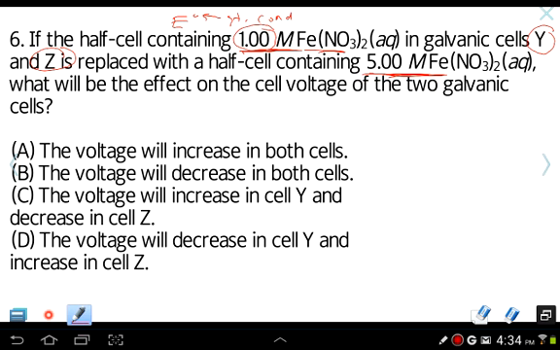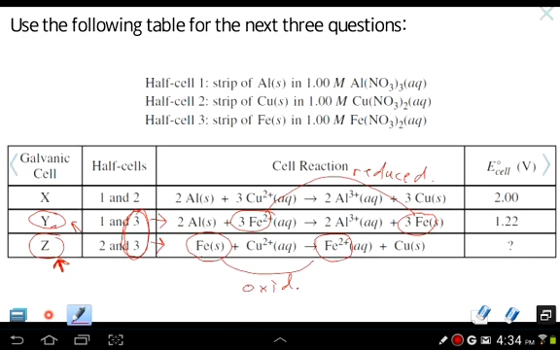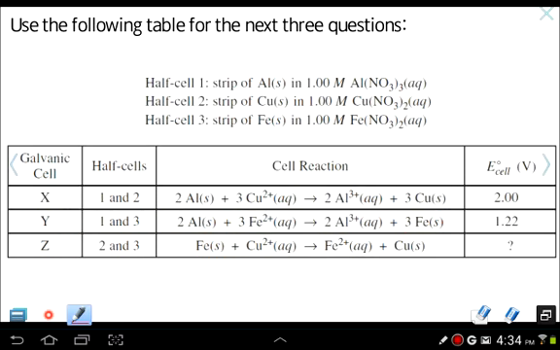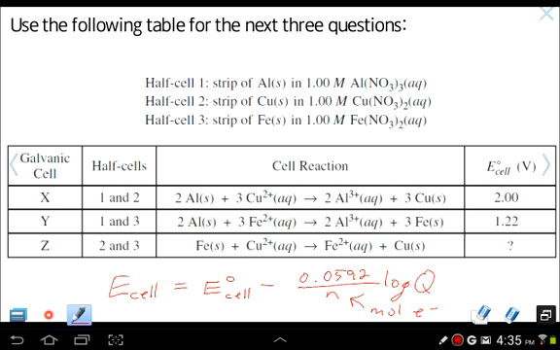Now for this, there's actually an equation, and let's go back and do it off of the original. The equation looks like this. The cell voltage under non-standard conditions equals the cell voltage under standard conditions minus 0.0592 over N times log of Q. N is the number of moles of electrons transferred, and Q, recall, is like K, which is products over reactants.